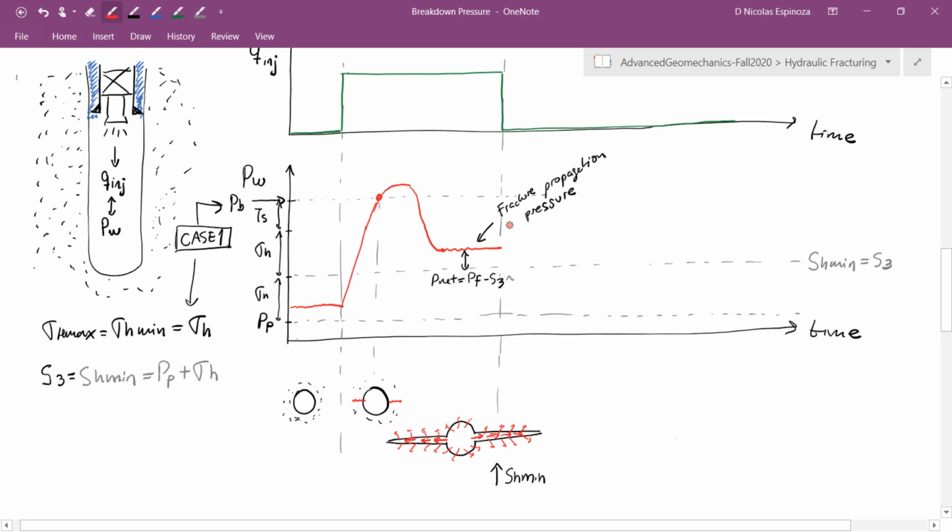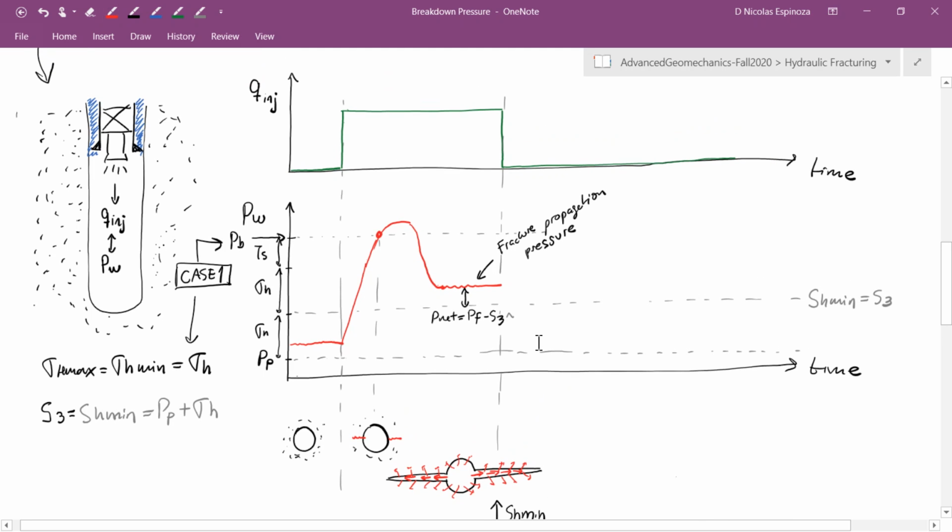Then that's going to be what we said is going to be the fracture propagation pressure. And at that stage, I have fluid going into the fracture and also leaking off from the wellbore and from the fracture too.